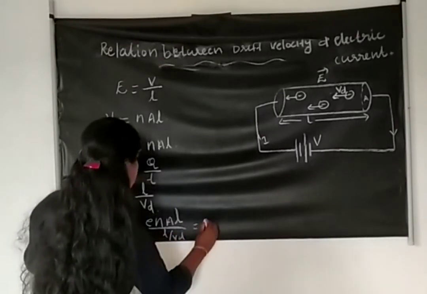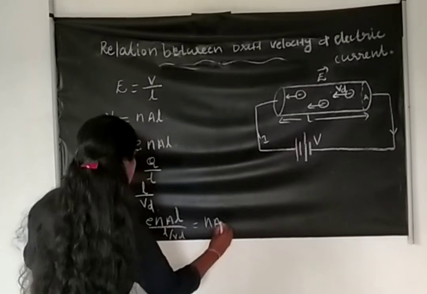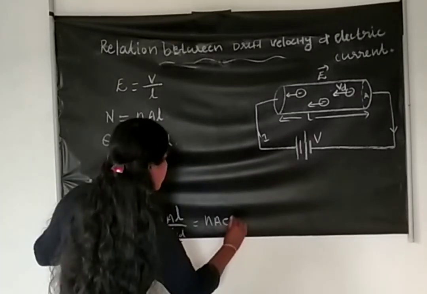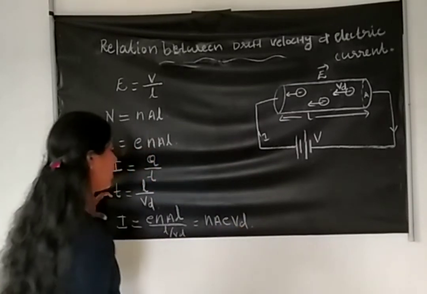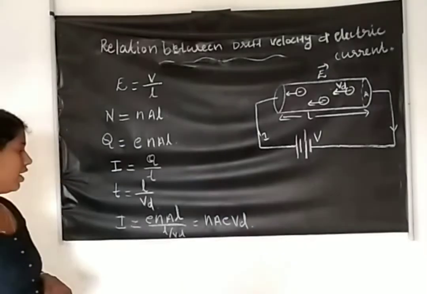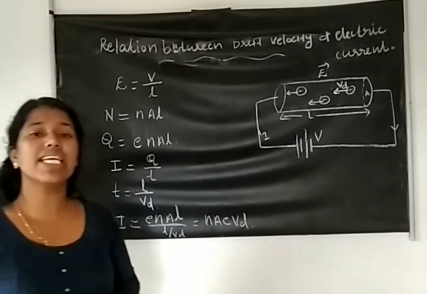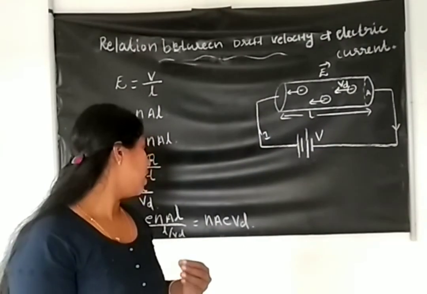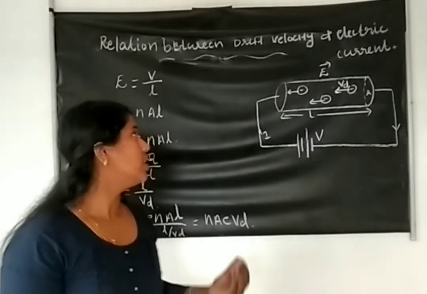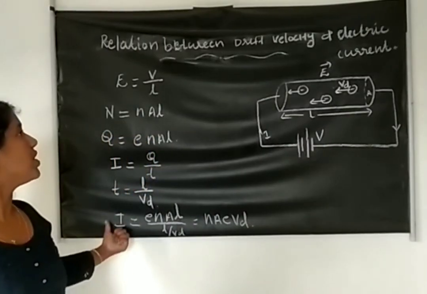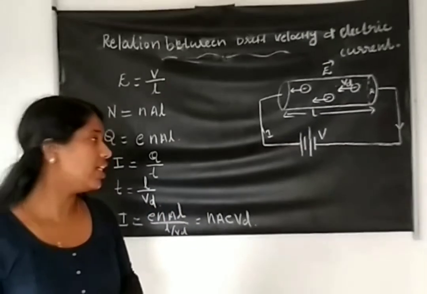Then we get I = nAe vd. This is the relation between current and the drift velocity.